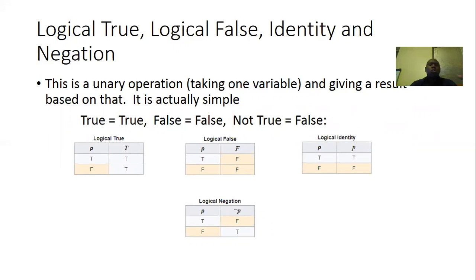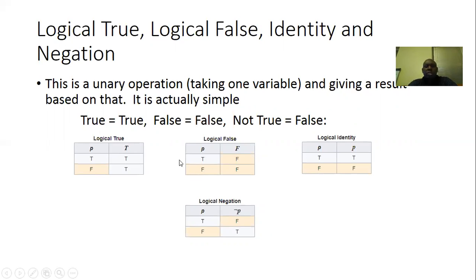So the logical true operator is an operator where whether the input is true or the input is false, the result is always true, and that is represented by this table. The input is true, the result is true. The input is false, the result is still true. That is a logical true operator.